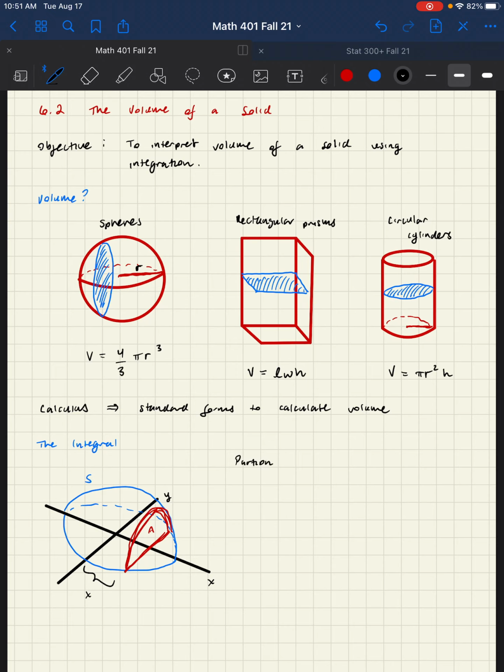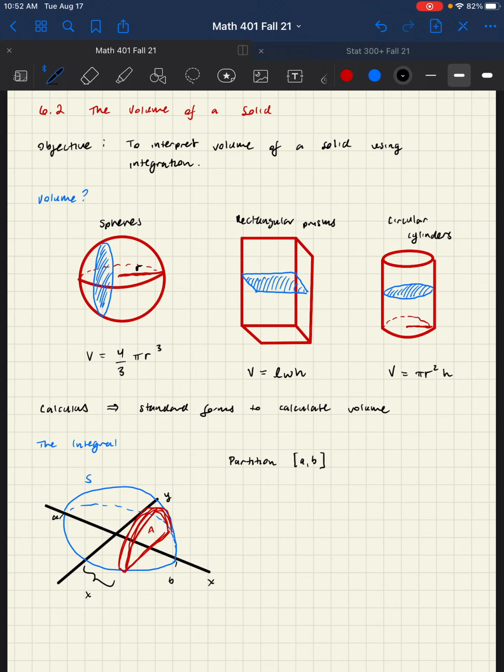So what we're going to do is partition, if this is, say, A and B, the values between which x ranges, because we're going to add up all these slices and we're going to assume that they actually have some volume.